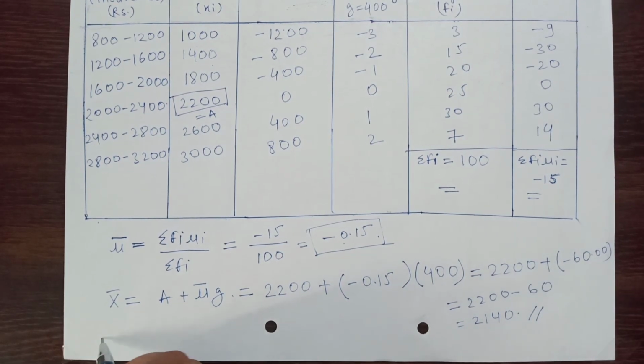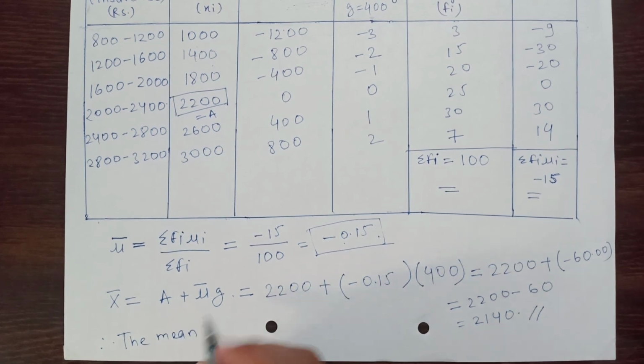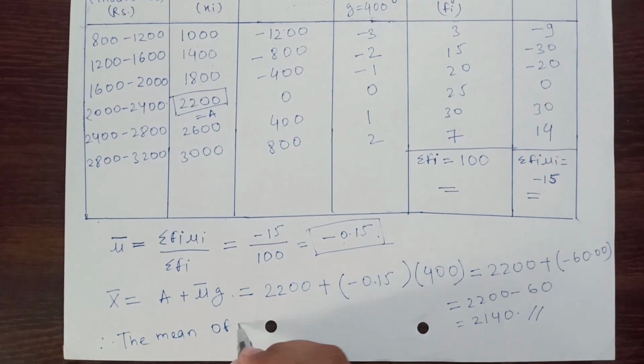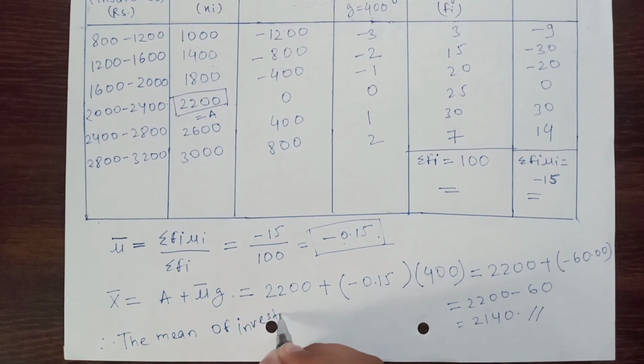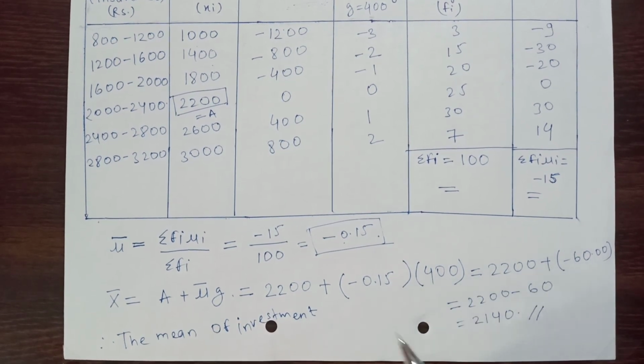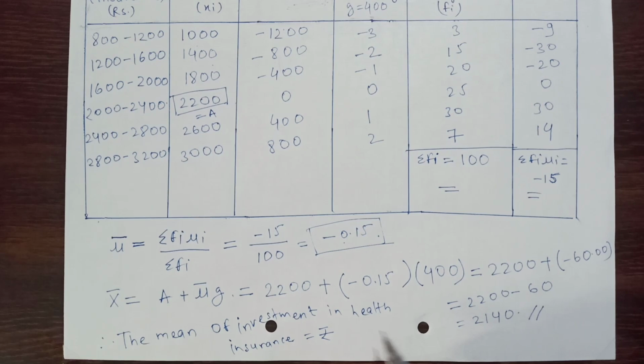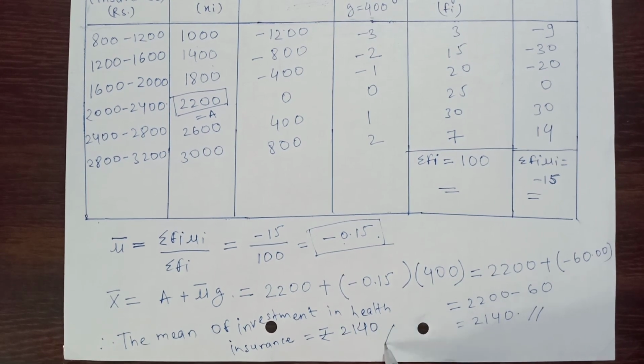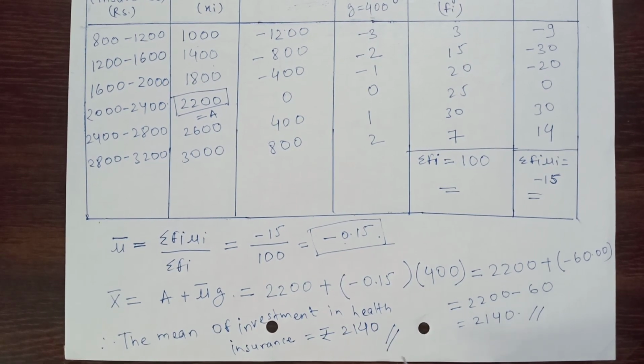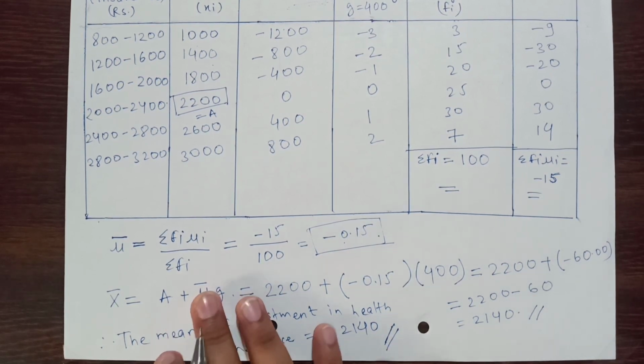After that we will write the final note that the mean of investment in health insurance is equal to rupees 2140. You need to write this. It carries marks in exam, so please write this. So that's all for the mean part.